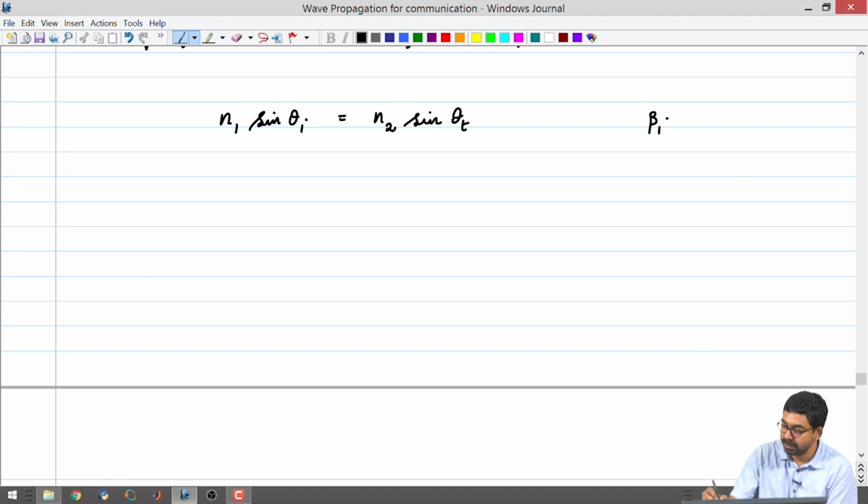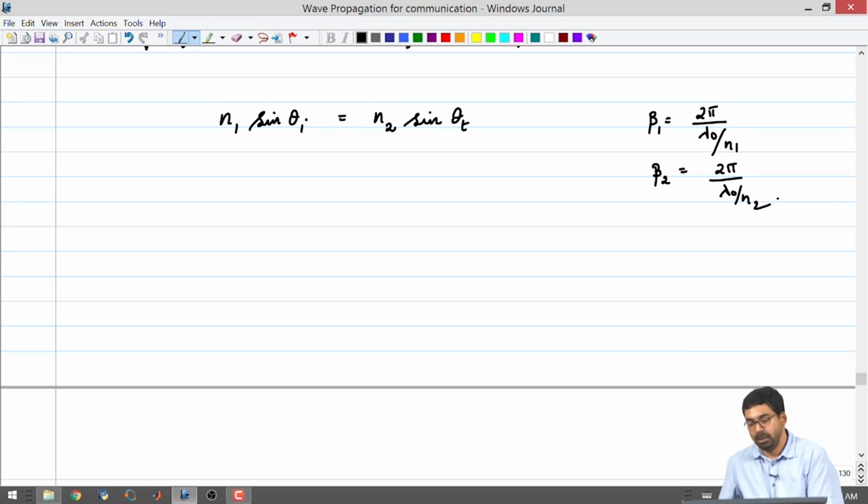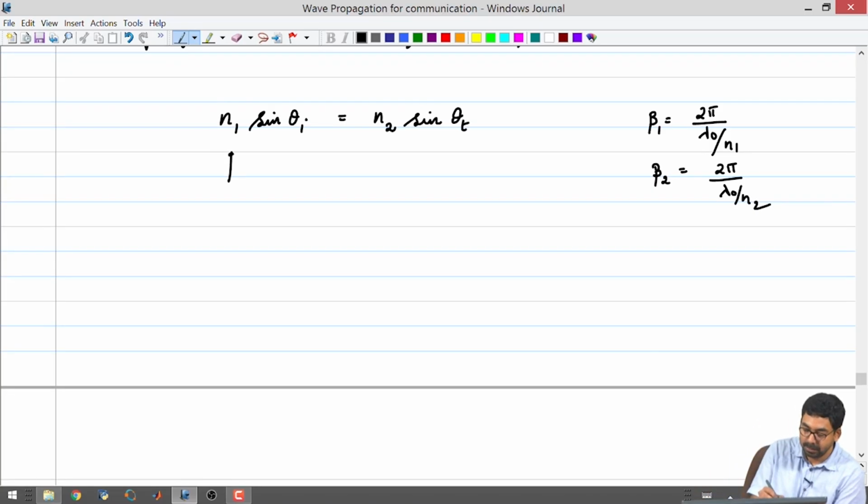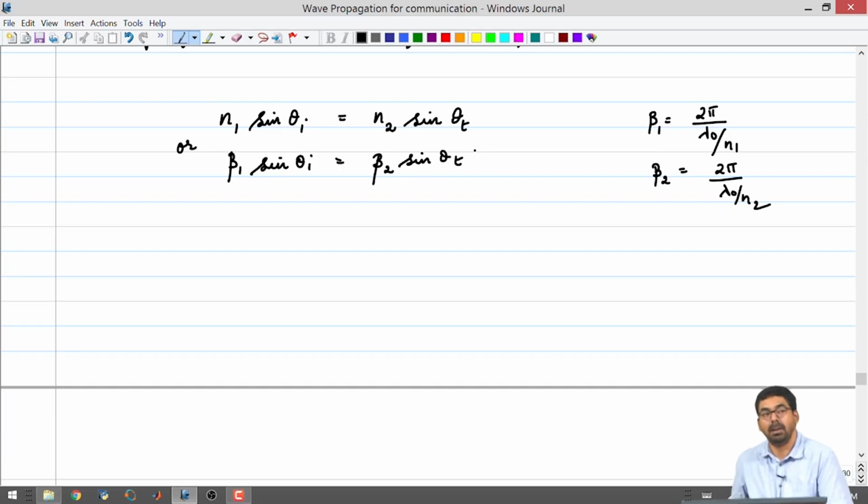Beta 1 is 2 pi divided by lambda naught divided by n1, and beta 2 is 2 pi divided by lambda naught over n2. You could also write this down as beta 1 sin theta I is equal to beta 2 sin theta t, both are Snell's law, okay.